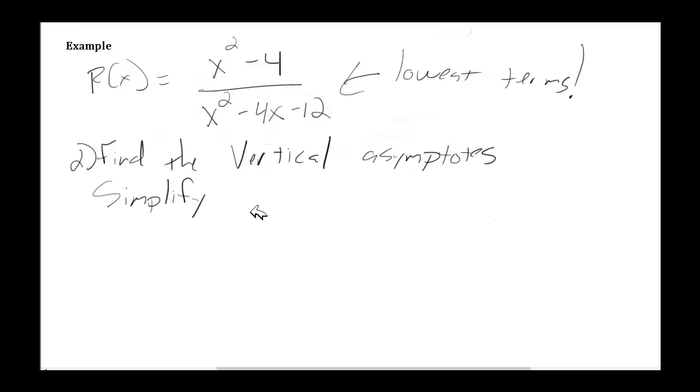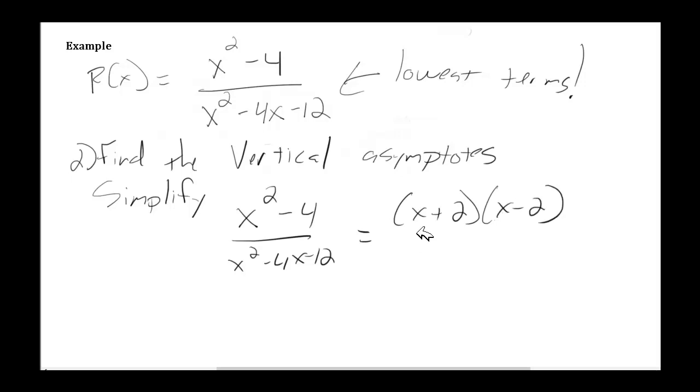If you've forgotten, then go watch that video. I'm going to simplify x squared minus 4 over x squared minus 4x minus 12. What I'm going to do is factor. I factor the top, that's a clear difference of squares. And the bottom, we already know how it factors, x minus 6, x plus 2. And now it's in lowest terms.